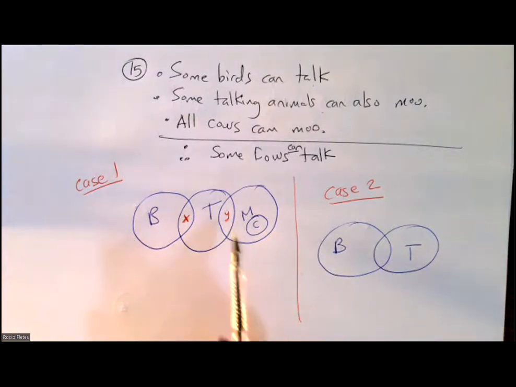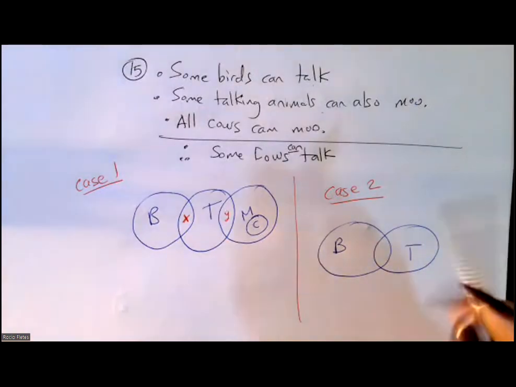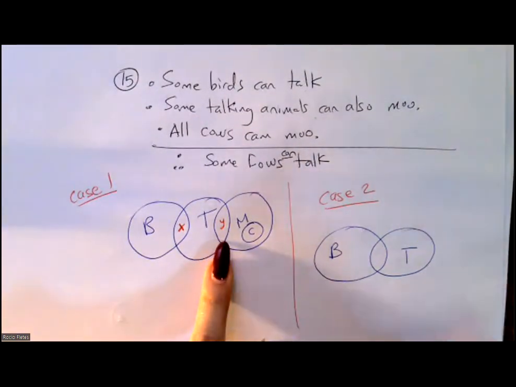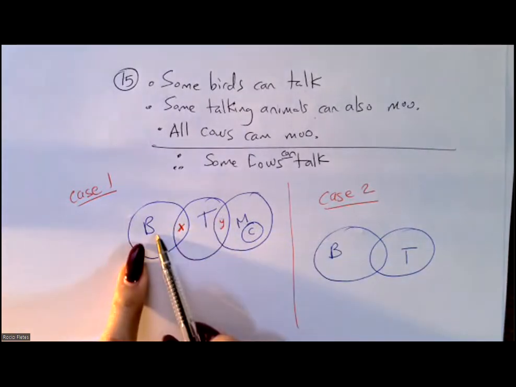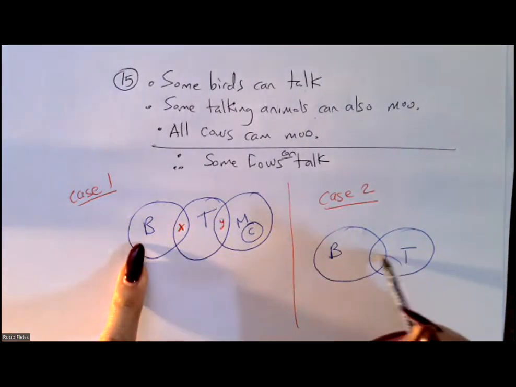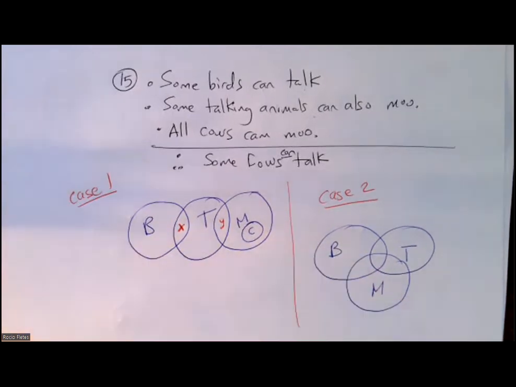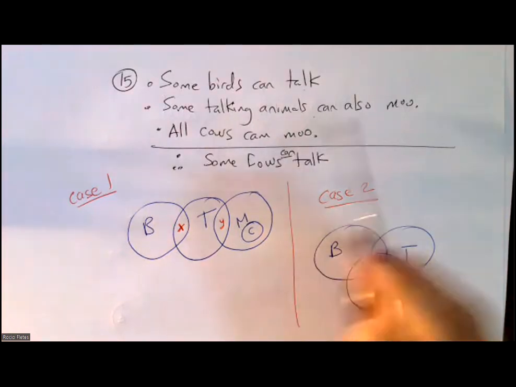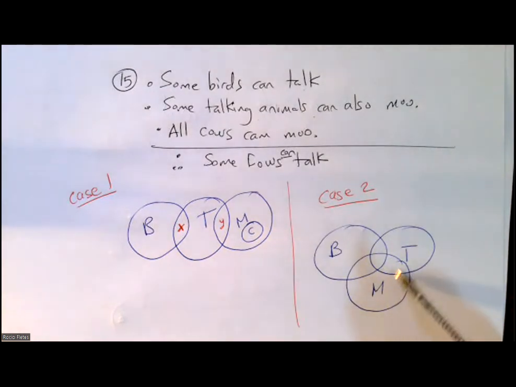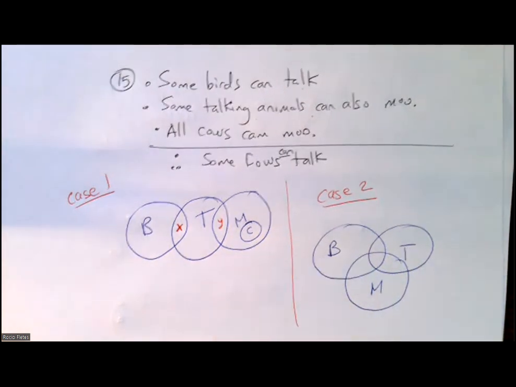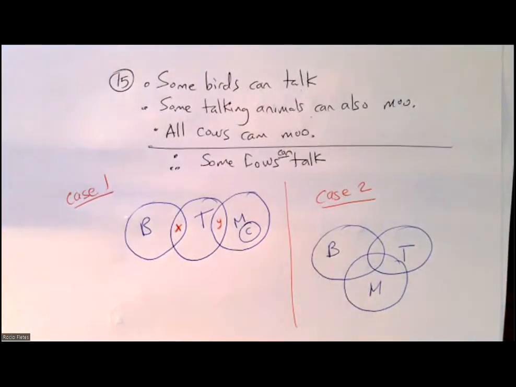In the first case the move set was not overlapping with the birds, but we can also have a situation where there's an overlap like this, and still, remember, you can't bring any personal knowledge. We just know that some talking animals can also move, so this is still true where there's an overlap between the M and the T, even if it overlaps the B. This may be just empty. All right.